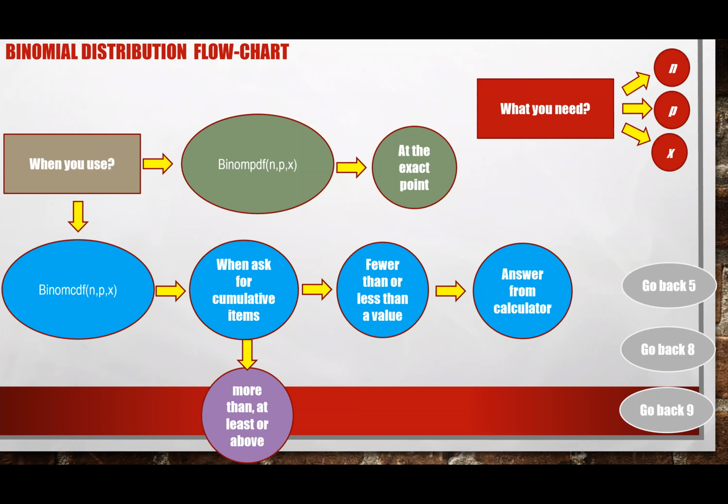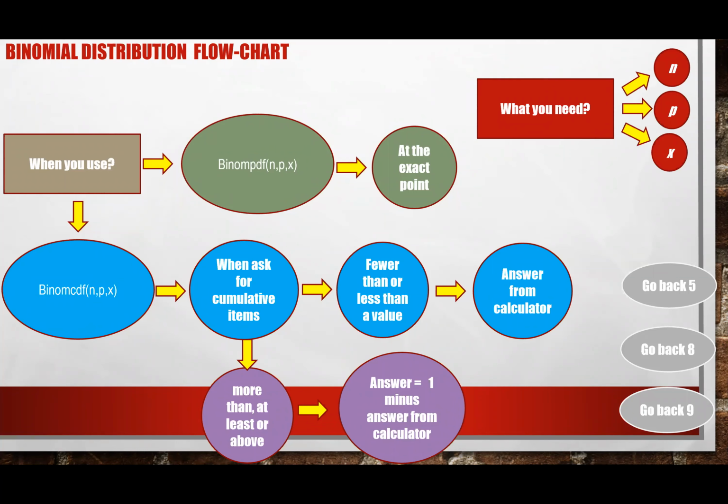Now if it's more than, at least, or above, we're looking for something on the right of that value. To find that, we need to take 1 minus the answer from your calculator, because your calculator only gives you the left portion.